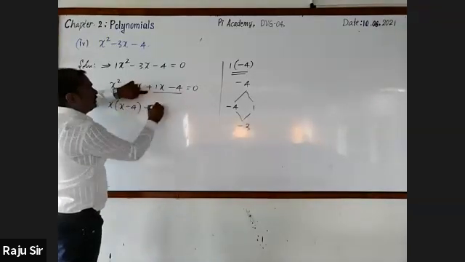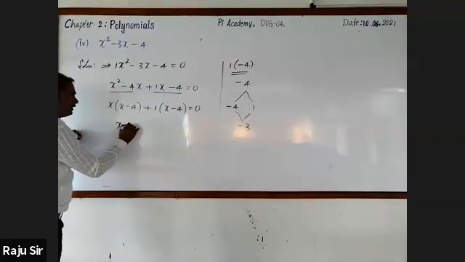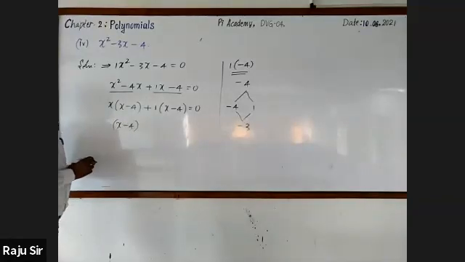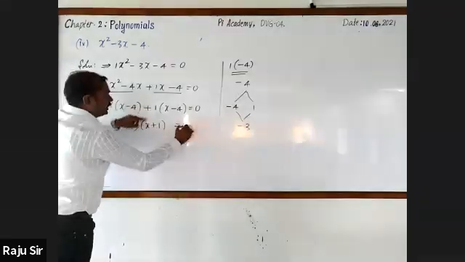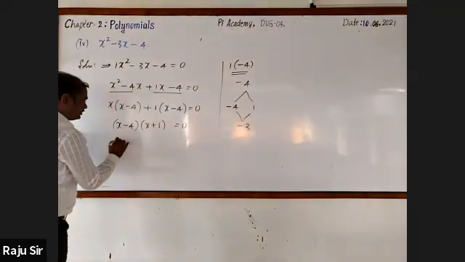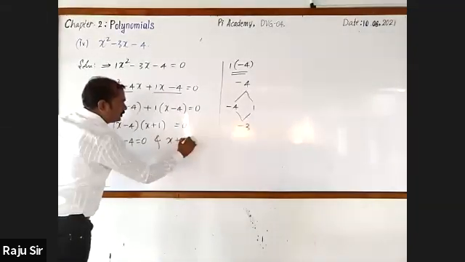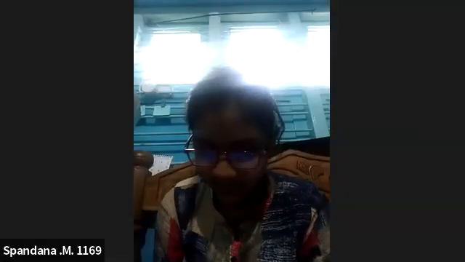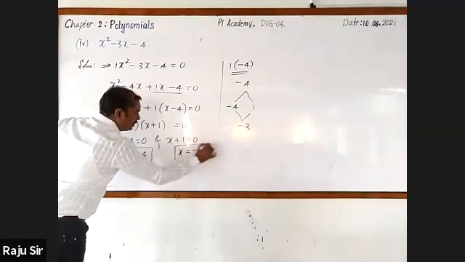Next, here 1 is the common factor, x minus 4 equal to 0. In the whole statement, x minus 4 is the common factor, and the remaining is x plus 1 equal to 0. Then equate x minus 4 to 0 and x plus 1 to 0. Here x equals 4 and here x equals minus 1.